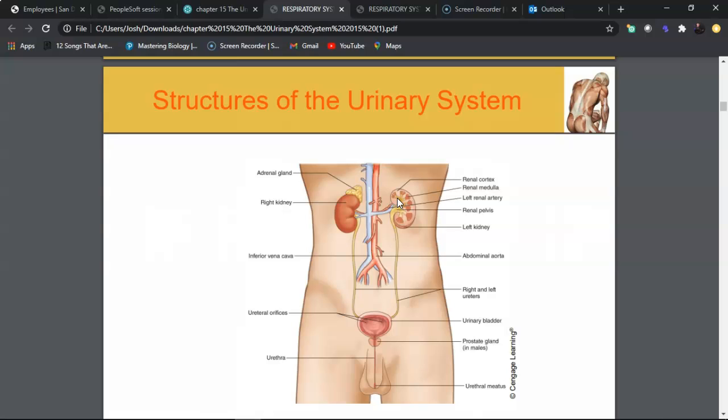So we have some cup-like areas that start to collect all the urine and take it into the renal pelvis, which is the very center part of the kidney. And you can see that's what opens into the ureter right here. And then the glomerular filtrate, or the urine, exits the ureter and travels all the way down to the bladder, okay, which is there for storage until it's time to void.